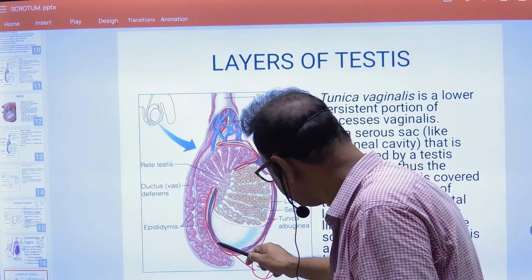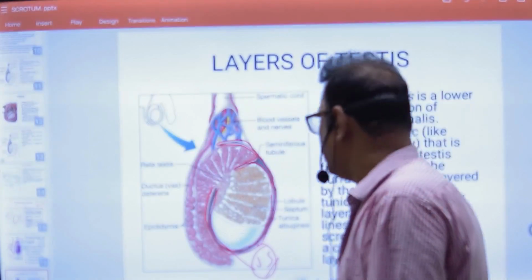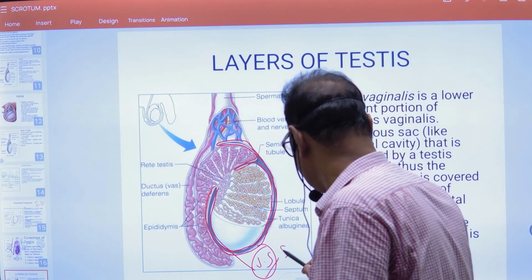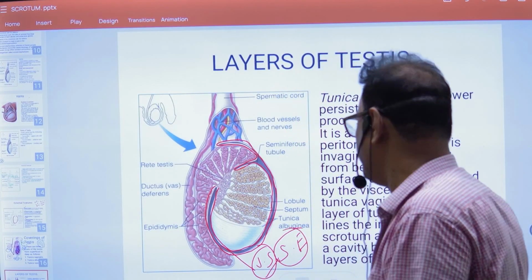Instead, there is a sac which lies in between the epididymis and the testis, and this vaginal sac is known as the sinus of the epididymis.